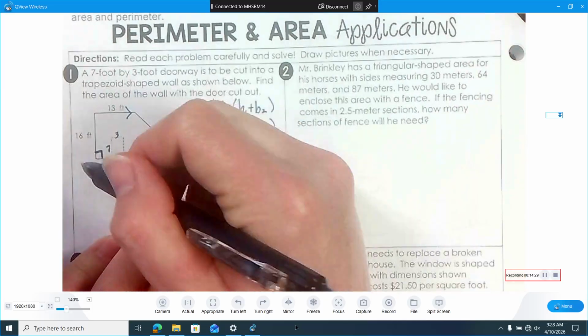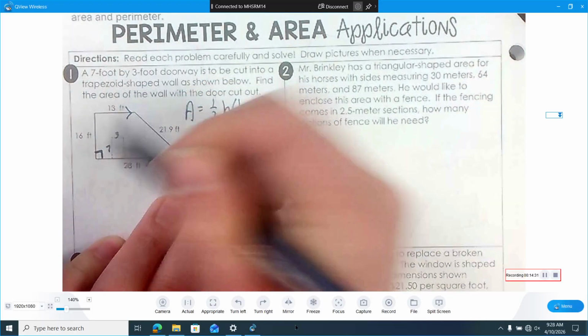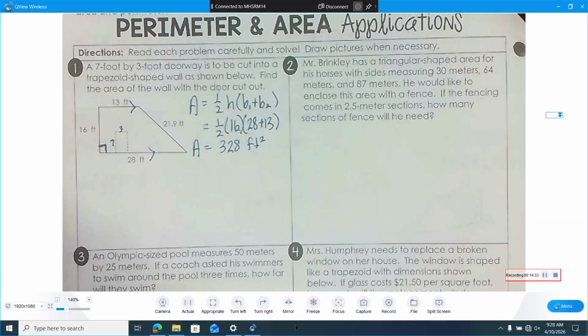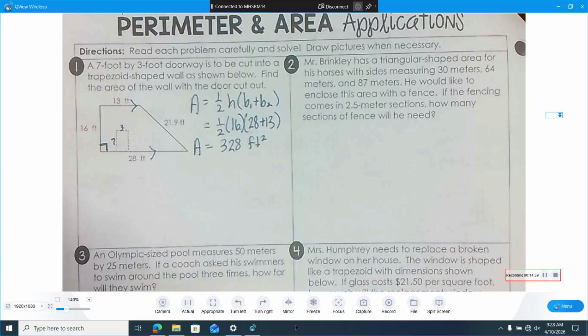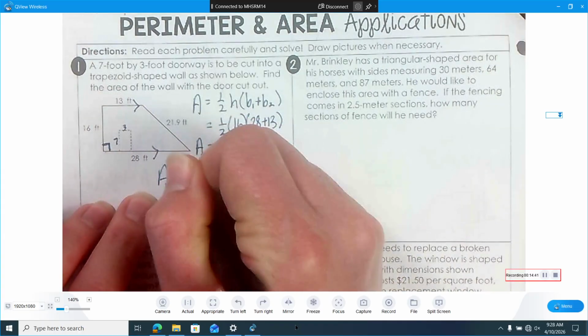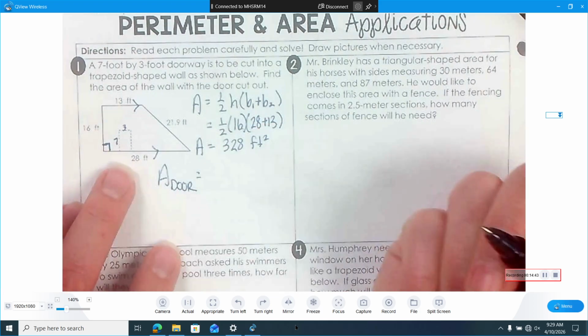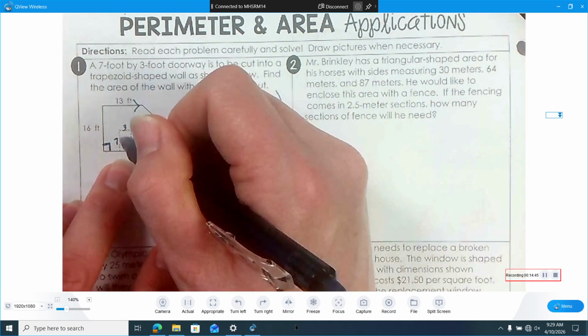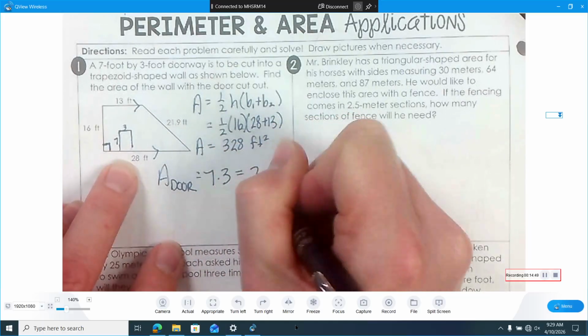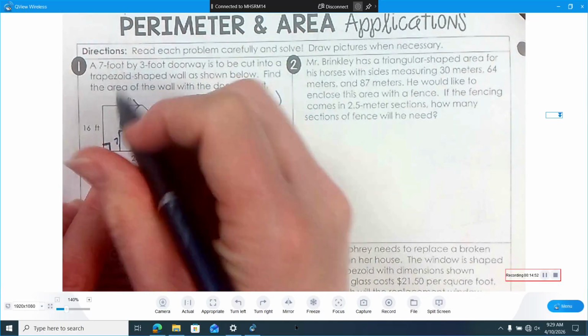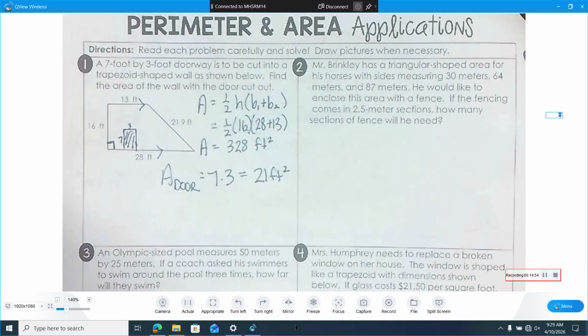Okay, so the area of this whole thing, what else do we need to do? Subtract what? 21. How'd you get 21? Oh, because you found the area of the door? All right, so the area of the door is 7 times 3, which is 21 square feet. And so what we want to do is subtract away.